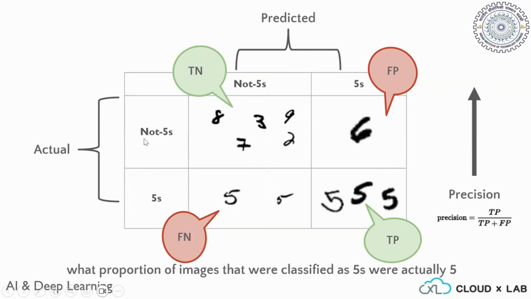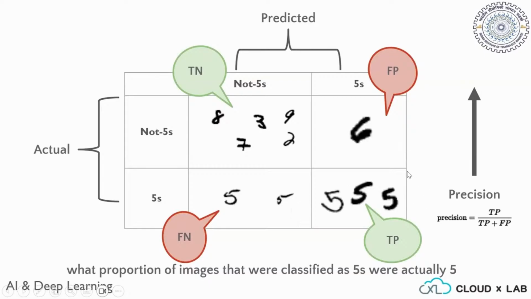Similarly, this first row, if you sum these two cells, we will get the cases where the actual output is false, actual output is no, or actual output is not 5, right? Similarly, if you calculate the second row, we will get the actual cases where the output is yes, or the digit is 5 in this case, right?